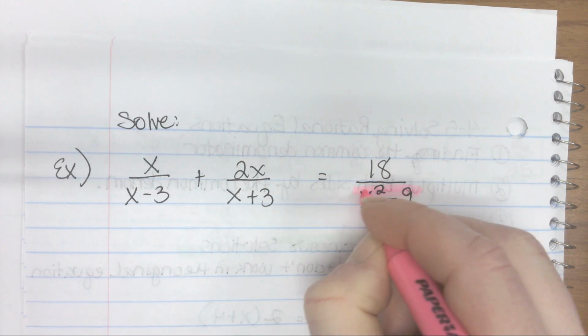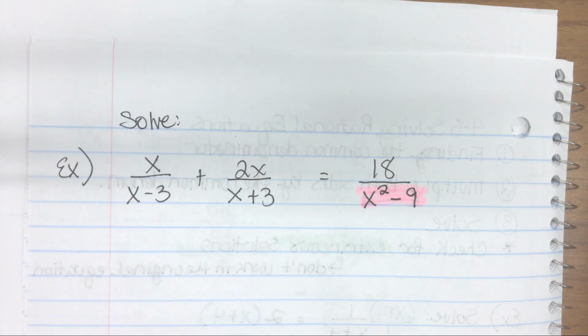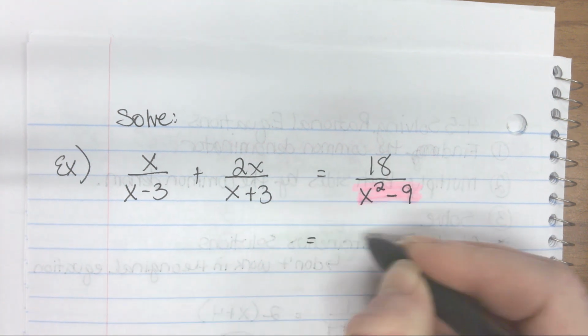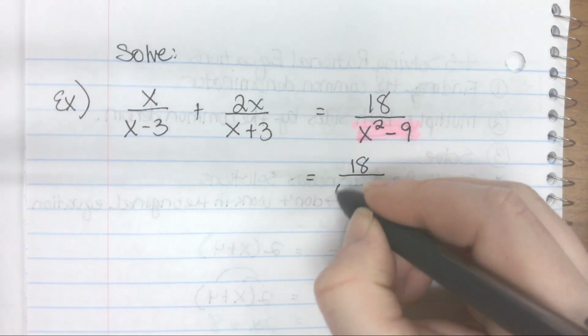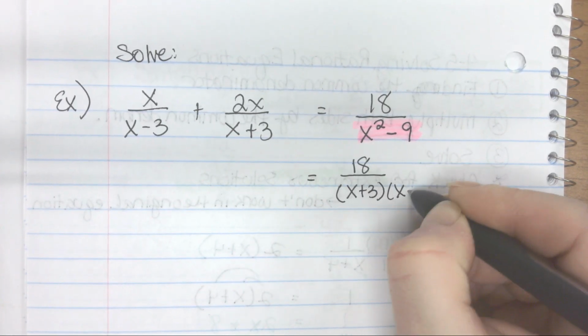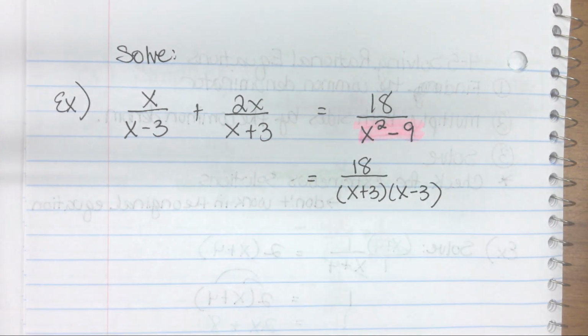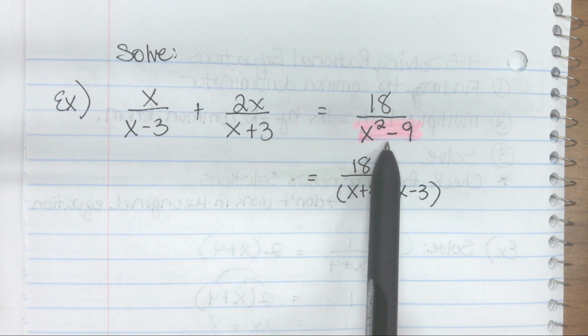Denominator, x squared minus 9, and we're going to factor it. X squared minus 9 has a middle term of 0, so it factors into x plus 3 times x minus 3, and I'm just going to rewrite it. All I'm doing is factoring that expression.